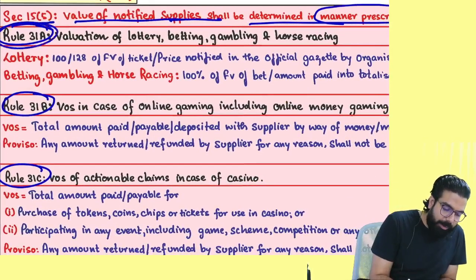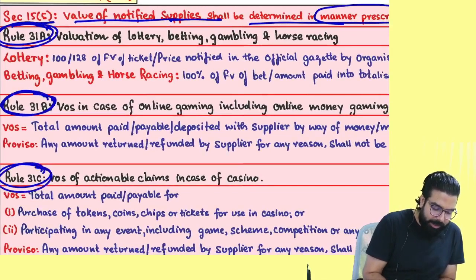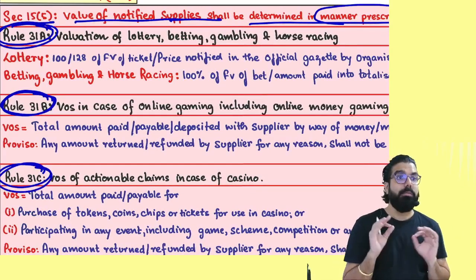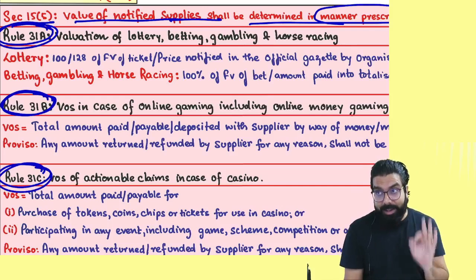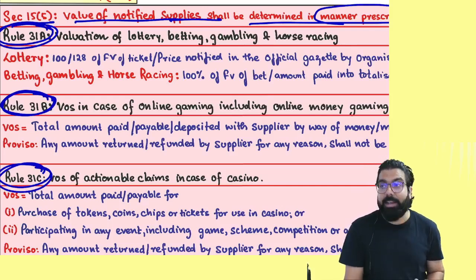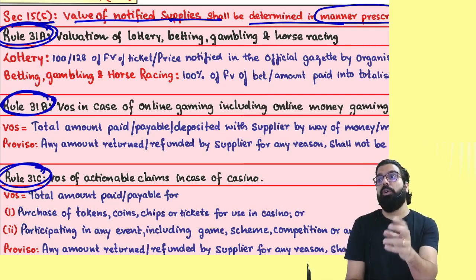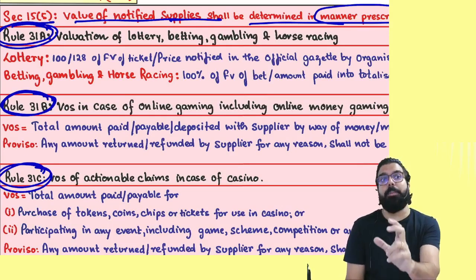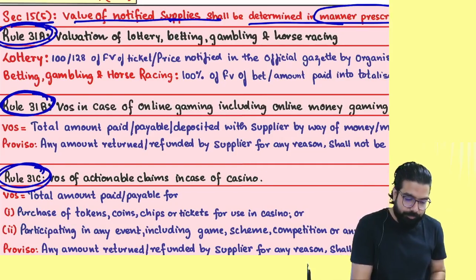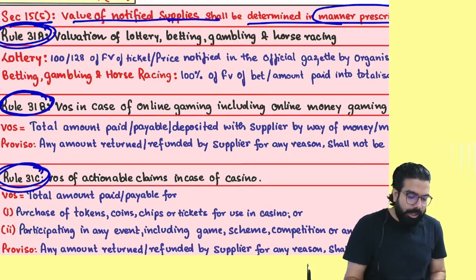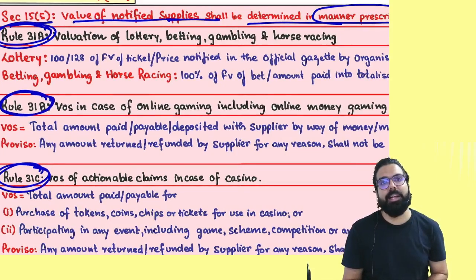Mainly you have to remember rule number 31A, 31B, and 31C. I believe in this A graded chapter, these three are B graded. If they ask you a question, they can ask on rule number 31A, 31B, and 31C.